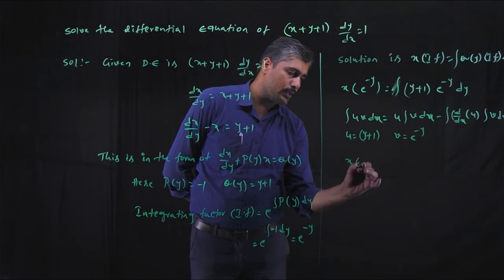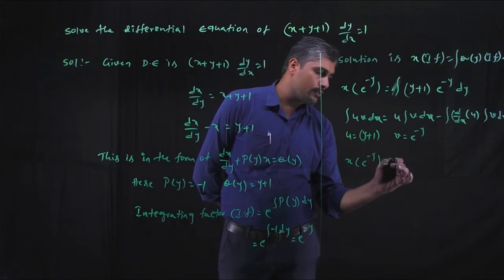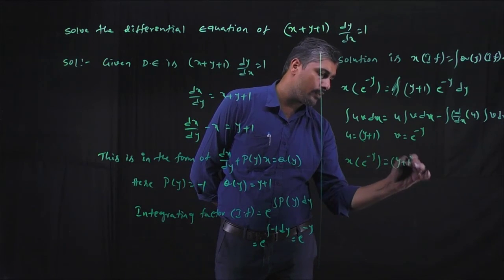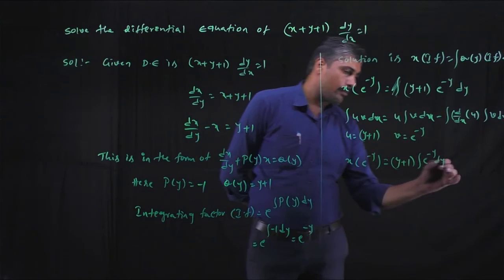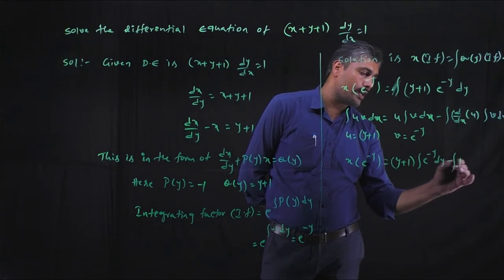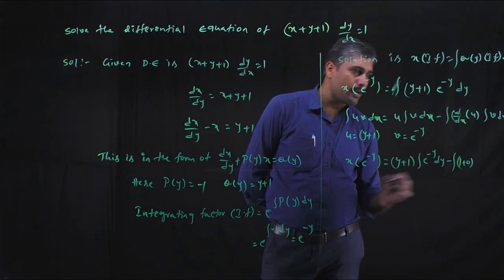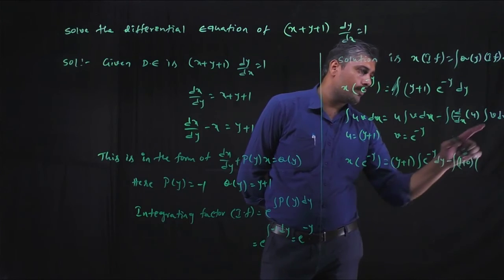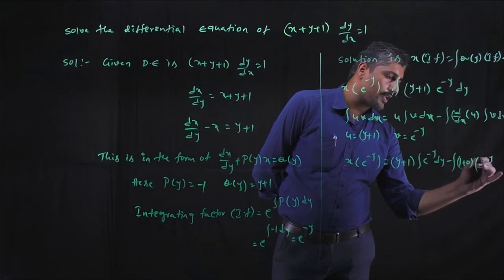Therefore x into e power minus y equal to u into, that is y plus 1 into integral e power minus y dy, minus derivative of y plus 1. Derivative of y is 1, derivative of 1 is 0, into integral of e power minus y, that is minus e power minus y, dy.